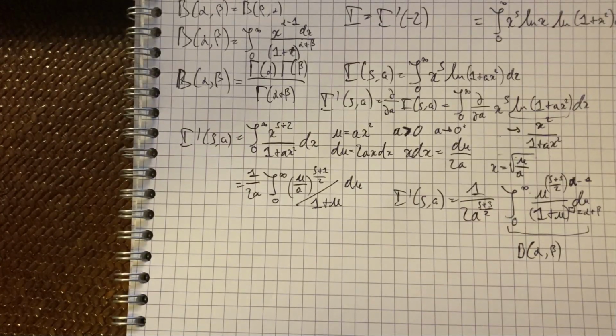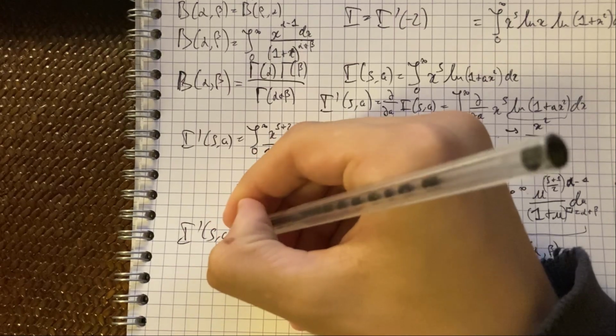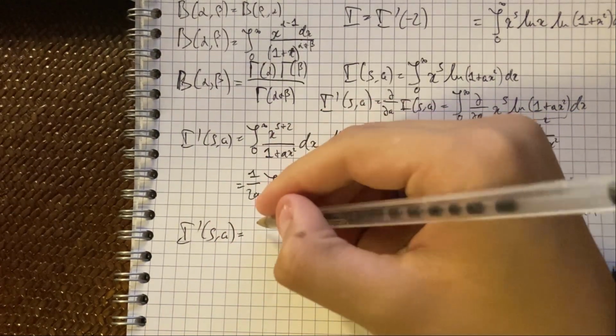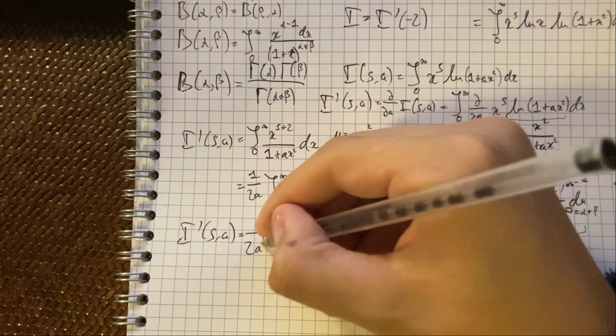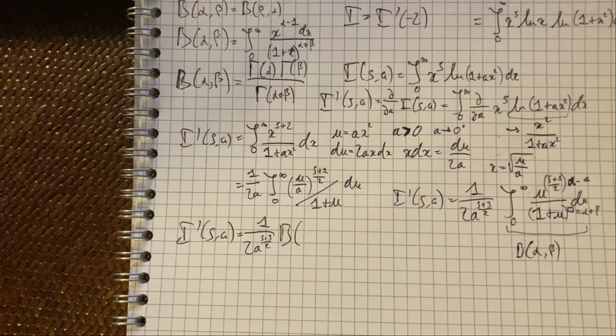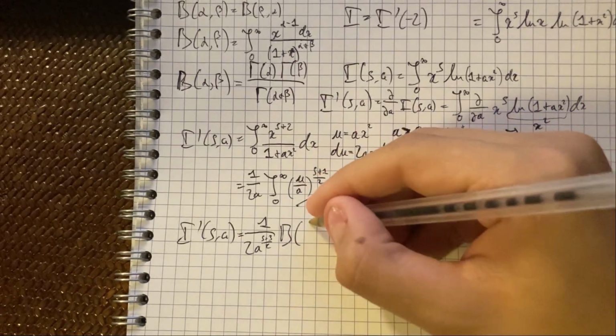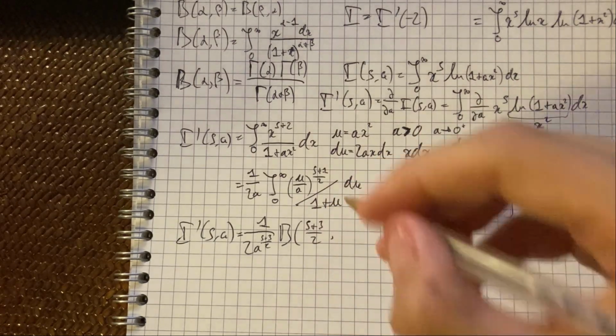Thus, I prime of s, a equals 1 over 2 a to the power s plus 3 over 2, times beta of s plus 3 over 2, negative of s plus 1 over 2.